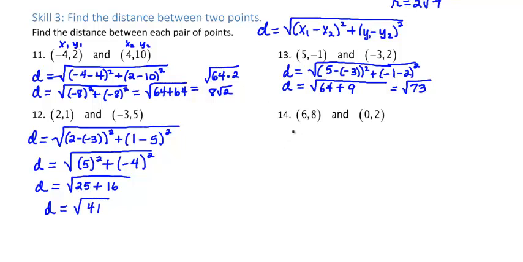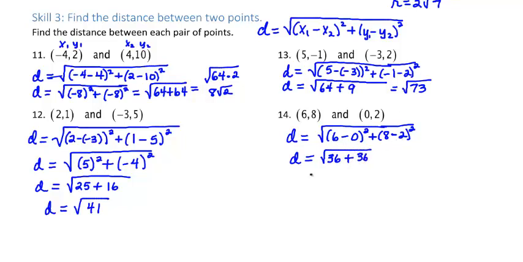And number 14 is to find the distance between (6, 8) and (0, 2). So the distance is the square root of (6 minus 0) squared plus (8 minus 2) squared. We get the distance is the square root of 6 squared, or 36, plus 8 minus 2 is 6, 6 squared, 36.